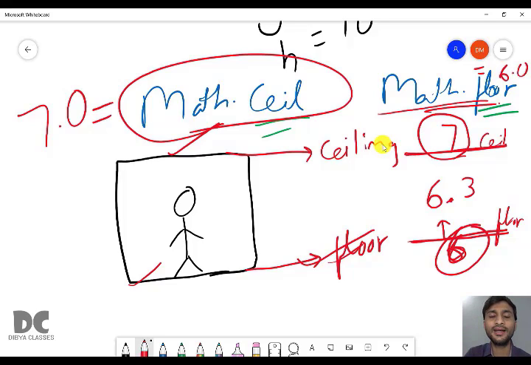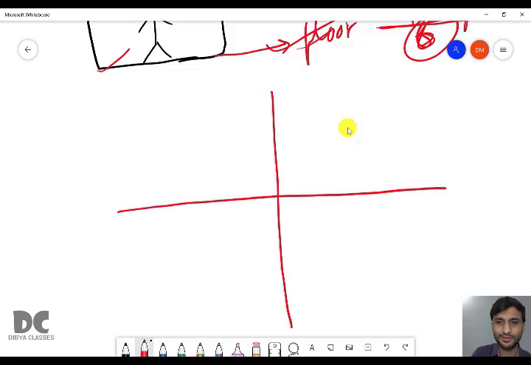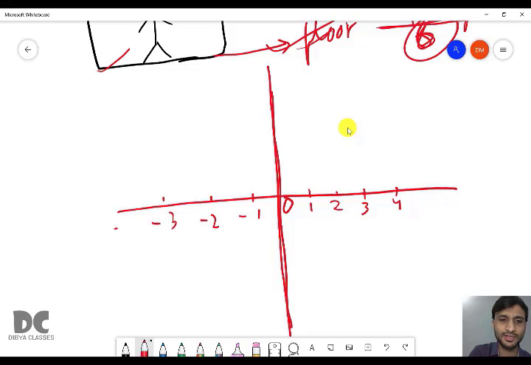Now we'll understand the number system. In class 3-4, you might have studied the number system. You might also have been using it in graphs in class 9-10. This is 0, the origin, and you have 1, 2, 3, 4, and similarly here -1, -2, -3, -4, right?